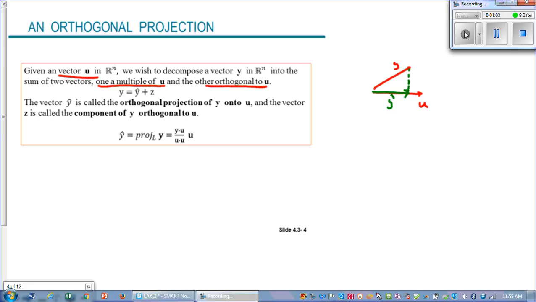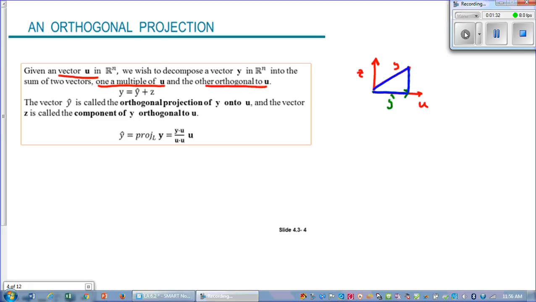And now the direction orthogonal to u, so this vector would be orthogonal to u. Okay, so we'll call this our z. Okay, so if you remember how to add vectors, this vector plus this vector is equal to this vector.